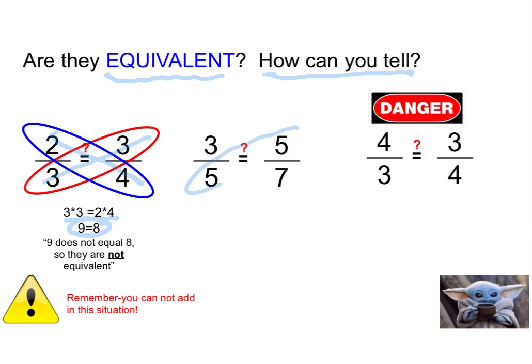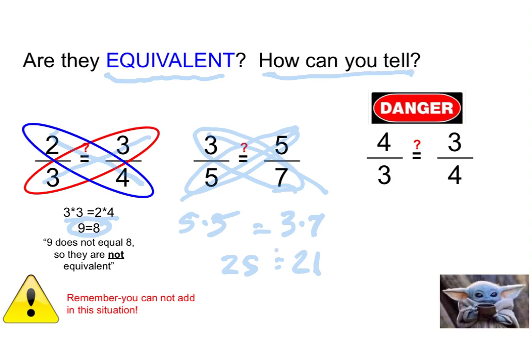In the next example, are the ratios equivalent? We would get cross products of 5 times 5 and 3 times 7. Does 25 equal 21? The answer is no, they are not equal. Therefore, these ratios are also not equal.